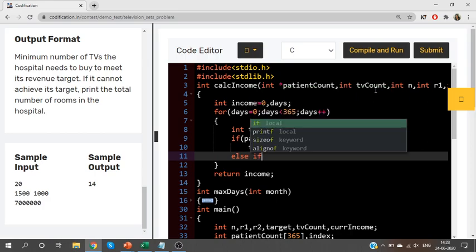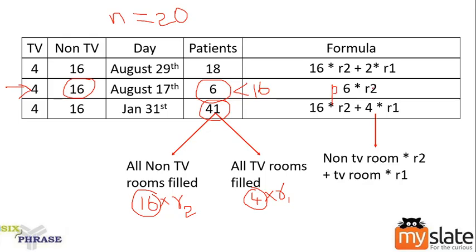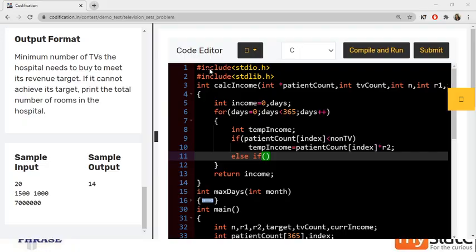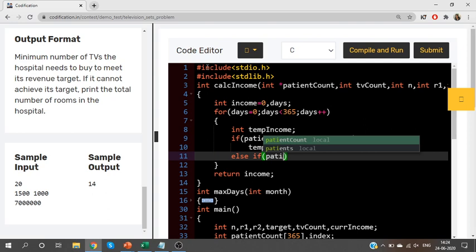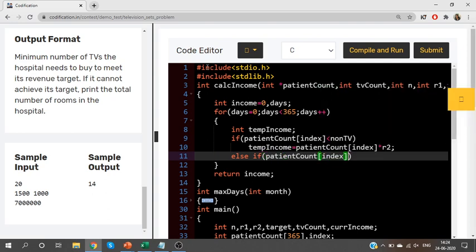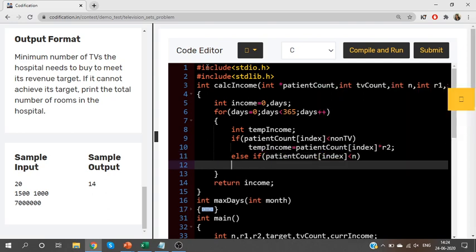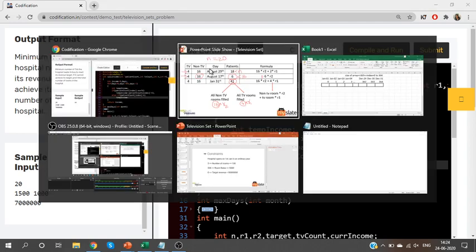Else if. Let us move on to the first scenario. In the first scenario, I have 18 patients, which is less than the number of rooms, because I have 20 rooms but the number of patients is 18 only. So this case is patient count is less than the number of rooms.